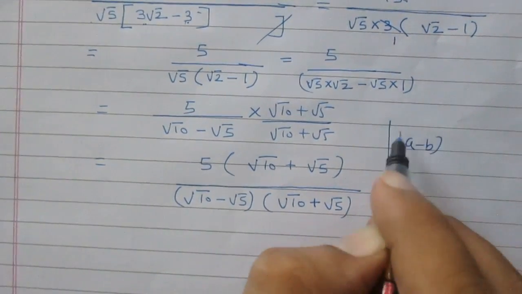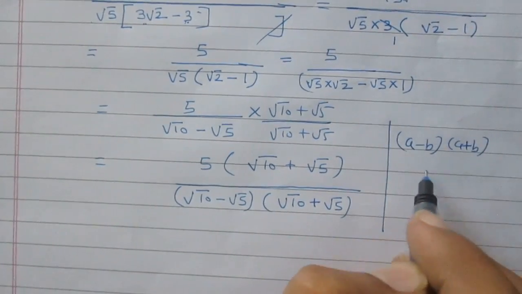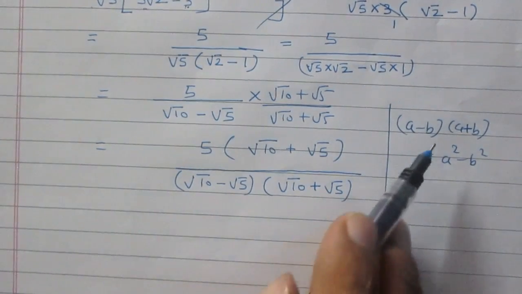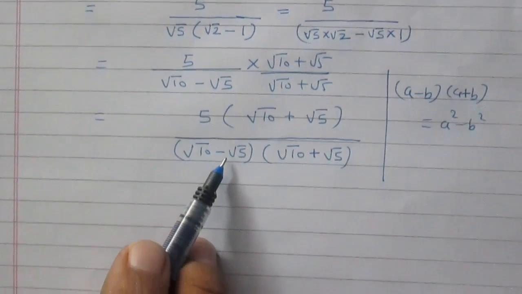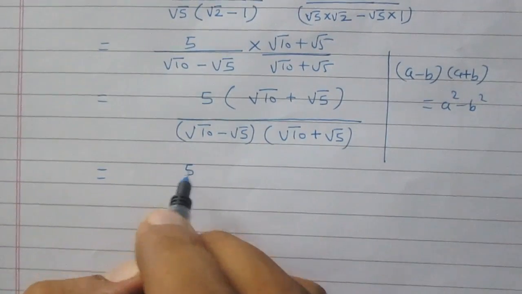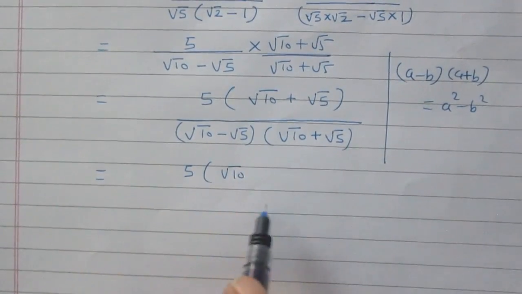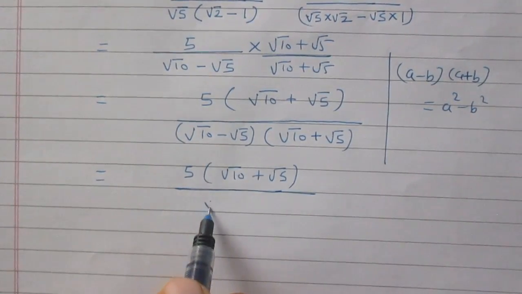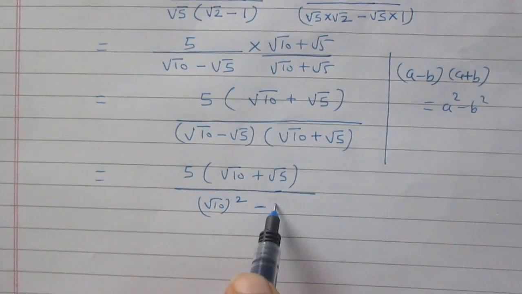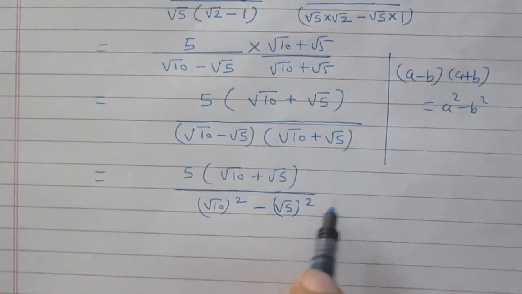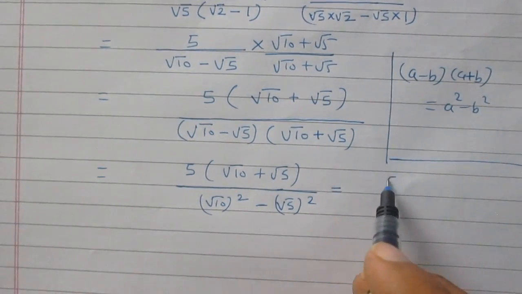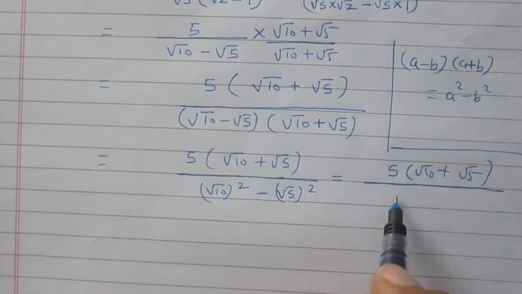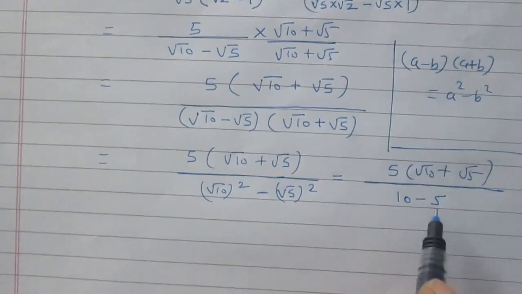Using the identity a minus b into a plus b is equal to a square minus b square, where a stands for square root 10 and b stands for square root 5, we will get numerator as it is, 5 times of square root 10 plus square root 5. Denominator is square root of 10 square minus square root of 5 square, which is 10 minus 5. 10 minus 5 is 5.